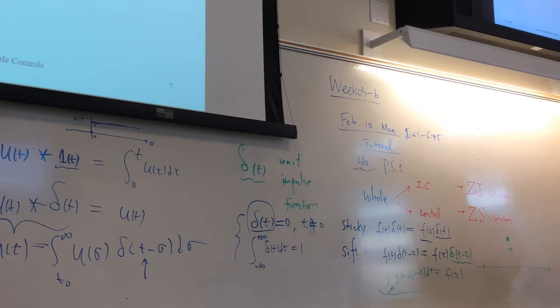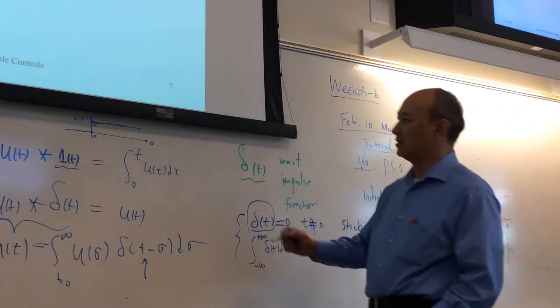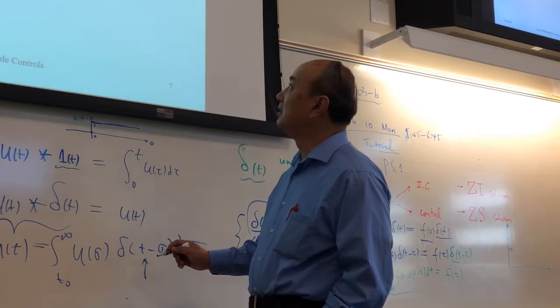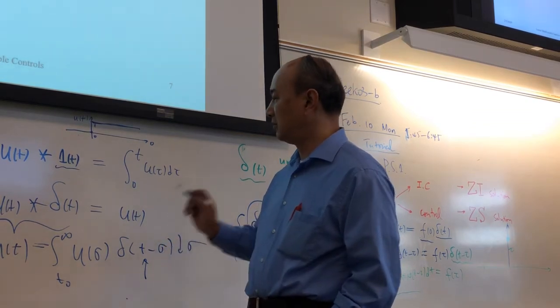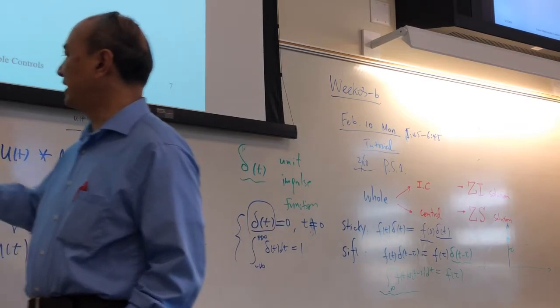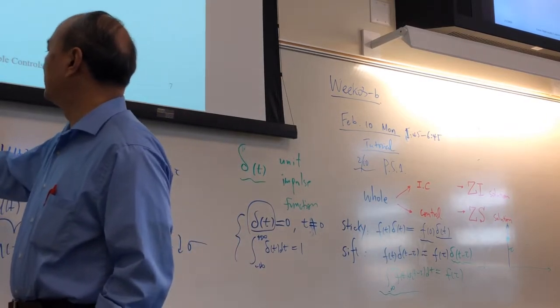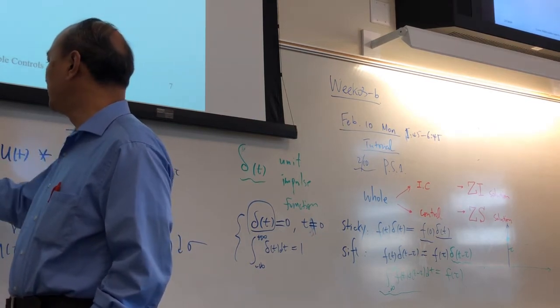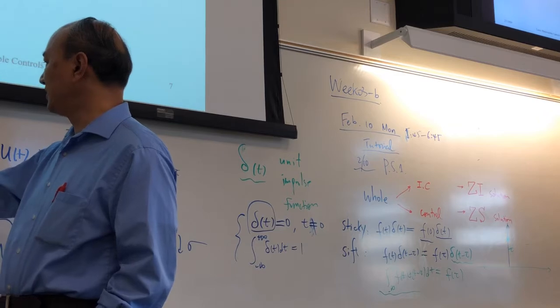I said this is kind of like an impulse in here. When I say impulse here, u(sigma) is like a magnitude, times delta(t minus sigma), because only when t is sigma is this non-zero.